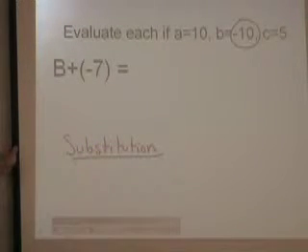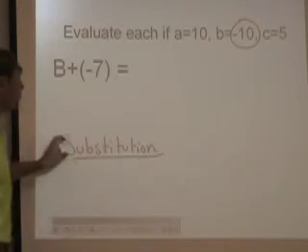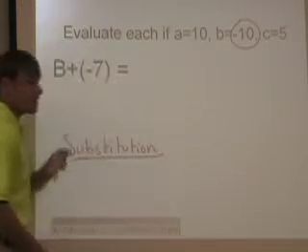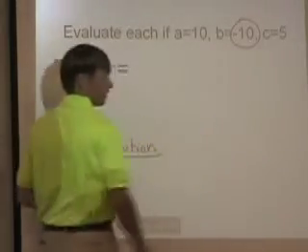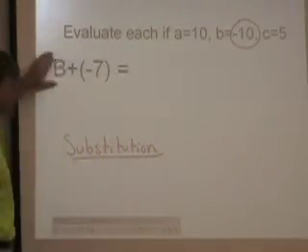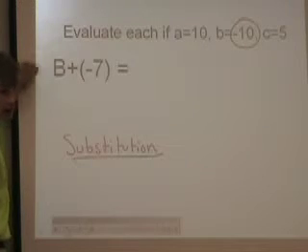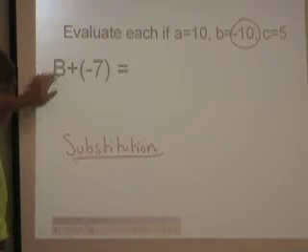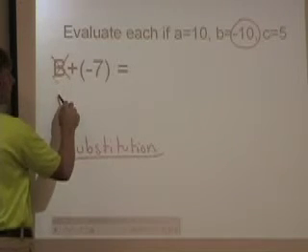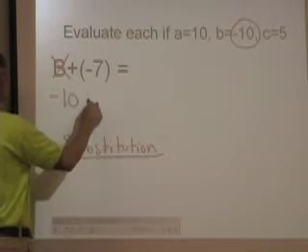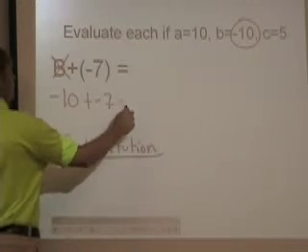Substitution is when you replace a letter with a number. In other words, when you take the letter out and put in place of it what? A number. Okay? So in this case, we're taking B out, and what are we putting? -10.